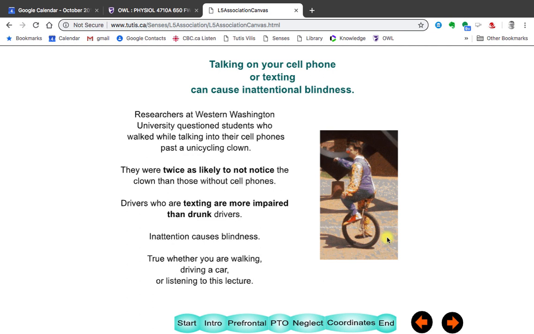And students that pass by this guy are asked, did you see anything strange? And half the people carrying cell phones said they did not. They walked right by this fellow and didn't notice him. Okay. So where your attention is focused can make you blind to huge things that are happening around you.